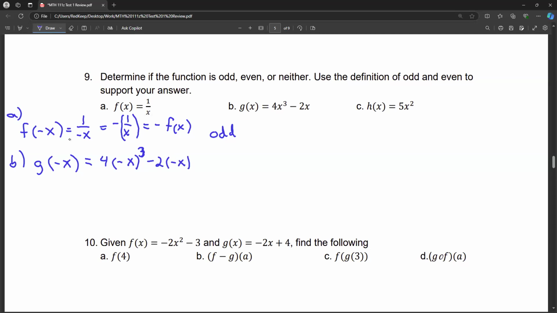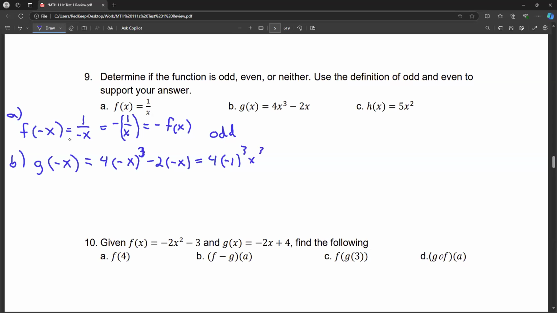Well, another way you might think about this, let's think about this. We could also possibly split this up to negative 1 cubed times x cubed.